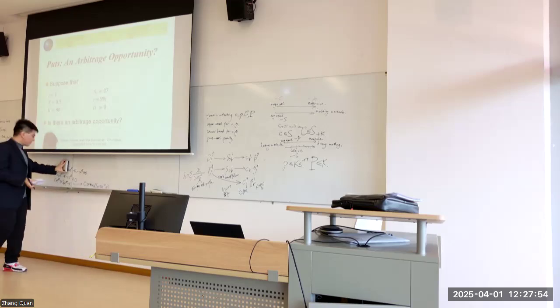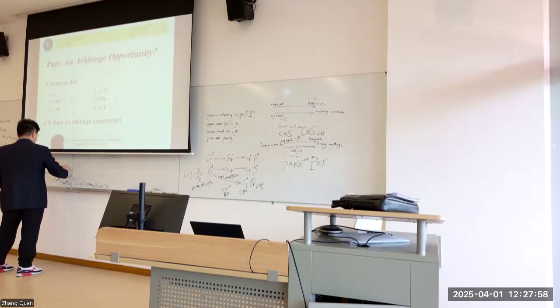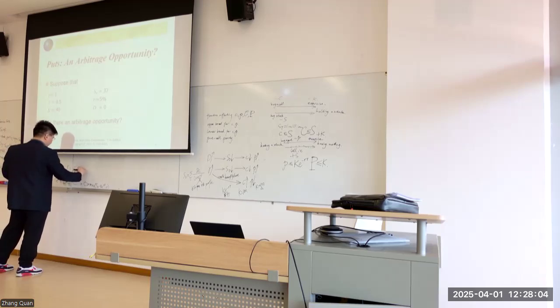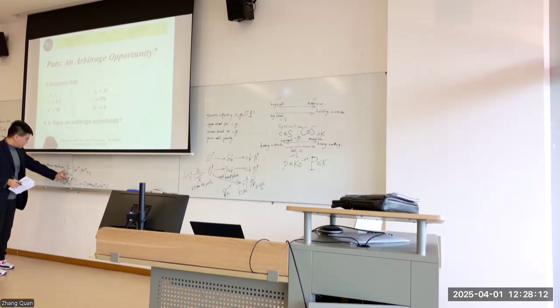So if there is an arbitrage opportunity, we can say that this term K as P is larger than. Okay. So to make the price fair, you have to reverse it.